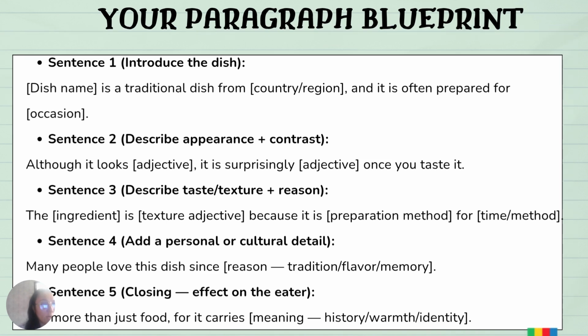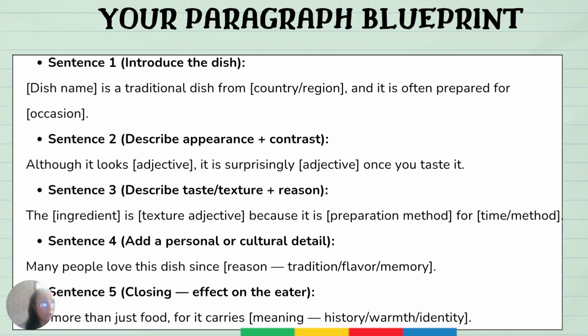Okay, so sentence 4, you should add a personal or cultural detail. Many people love this dish since, then add your reason: tradition, flavor, memory connected with the dish that you started describing in the beginning.